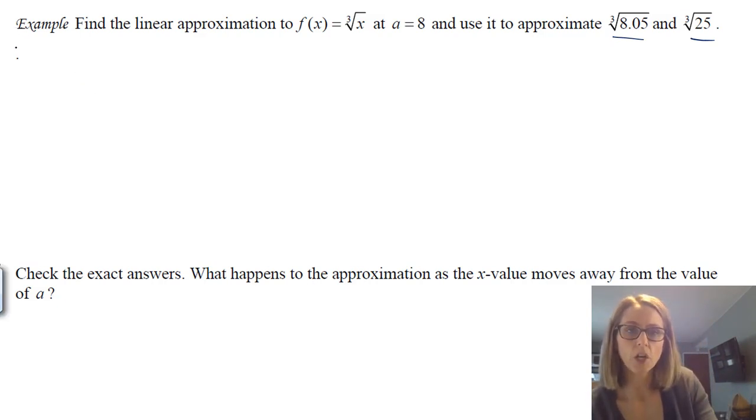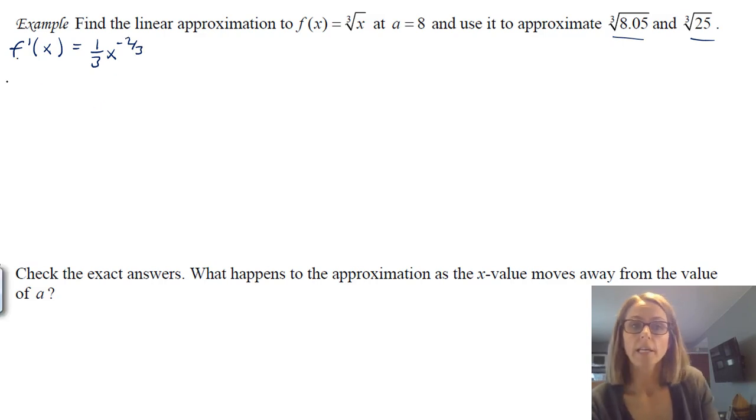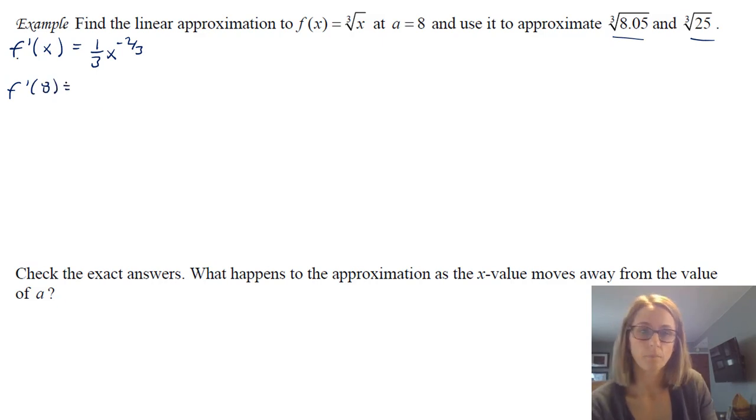Hopefully you can think about that and tell me that answer pretty quickly. Let's see what happens. We need the derivative of x to the 1/3. This is just our power rule: 1/3 x to the negative 2/3. There you go. And we're going to need to know that value at 8.